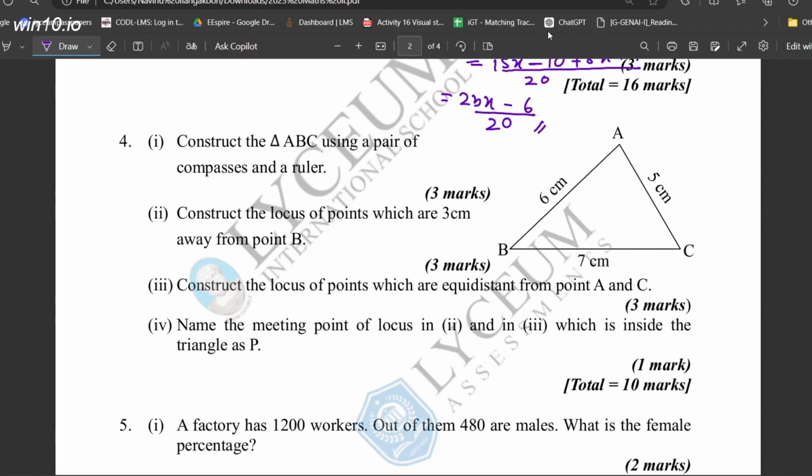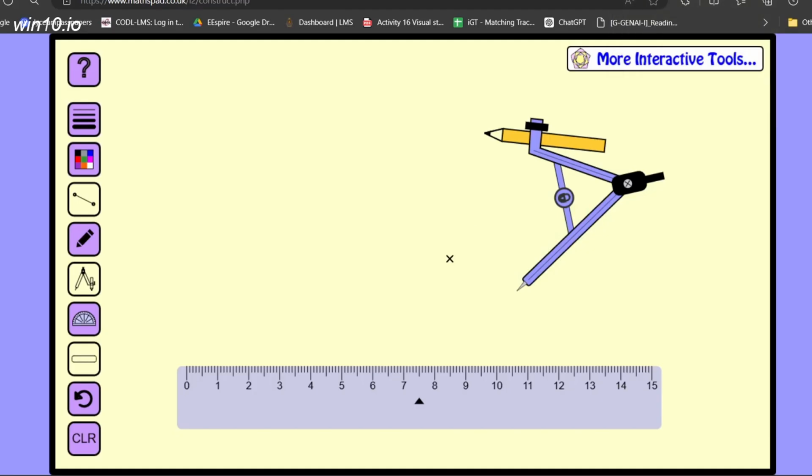Now we are in the fourth question. In this question, they are asking us to construct ABC using a pair of compasses and a ruler. Okay, let's see how we can construct this.